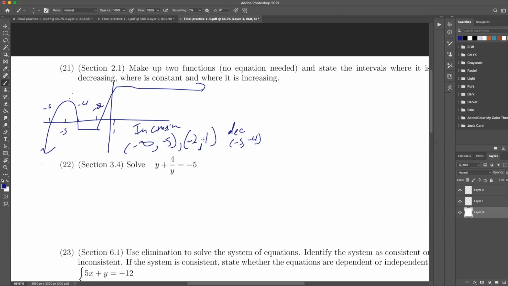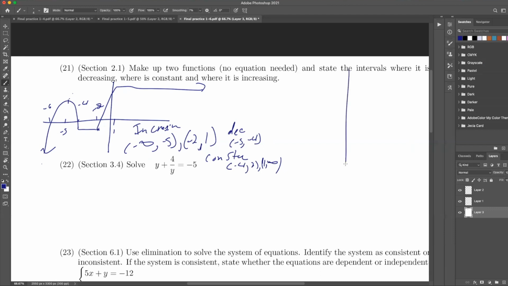Remember, always use parentheses. It's not increasing and decreasing at this point. And then it's constant between -4 and 2, and from 1 to infinity. Okay. All right. And so this is the type of problem that one's addressing.